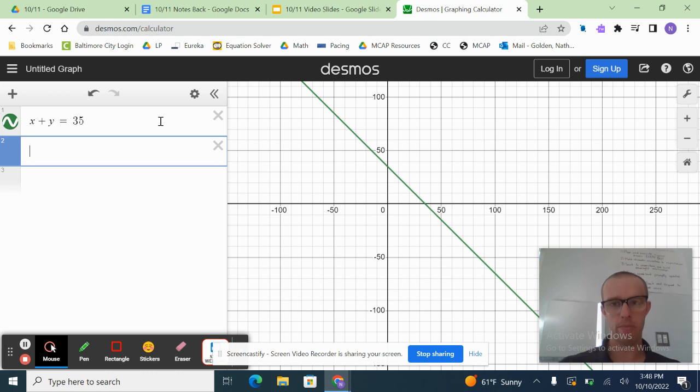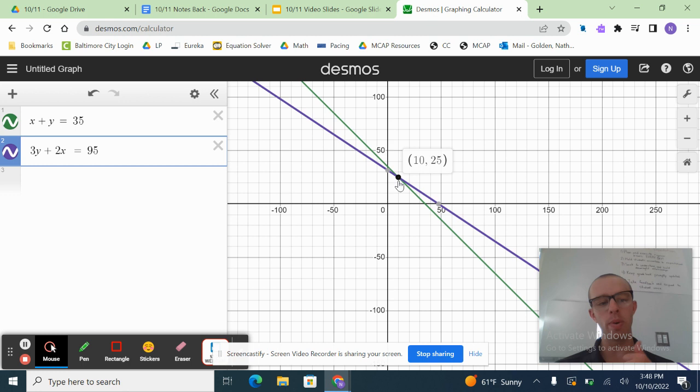And what did I say? Cookies were X, so it's 3 for a brownie plus 2 for a cookie. And they made 95. My answer is going to be where they intersect. So I said cookies were X. So the X value is 10, which means they sold 10 cookies.